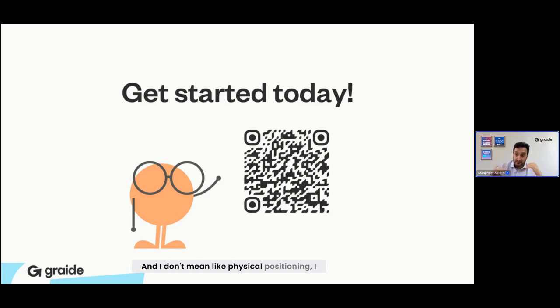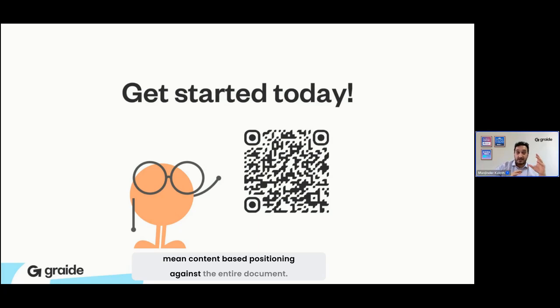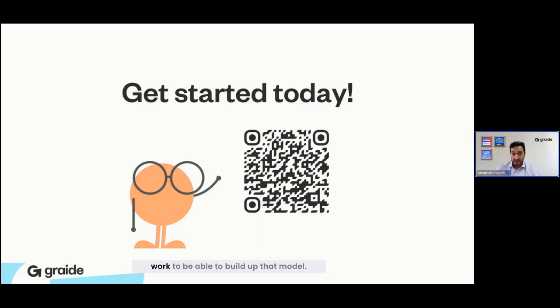And I don't mean physical positioning, I mean content-based positioning against the entire document. And it's using that information recurring over every instance that you apply that particular comment to a different piece of work to be able to build up that model.